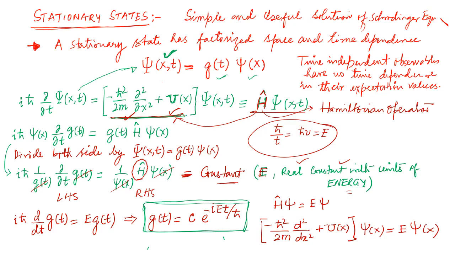So this is the Schrodinger equation. Either this or this, these two are the same. This is known as the time independent Schrodinger equation.